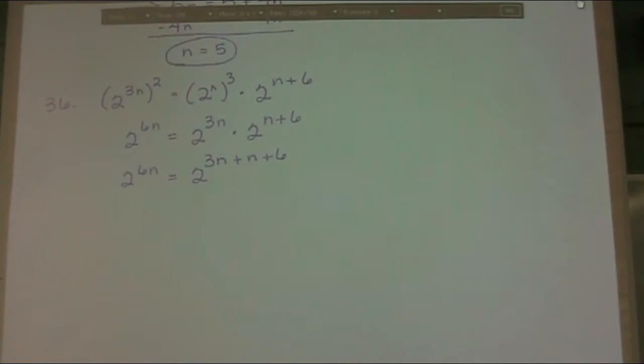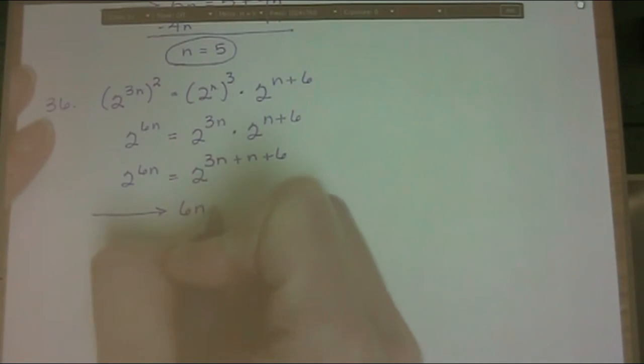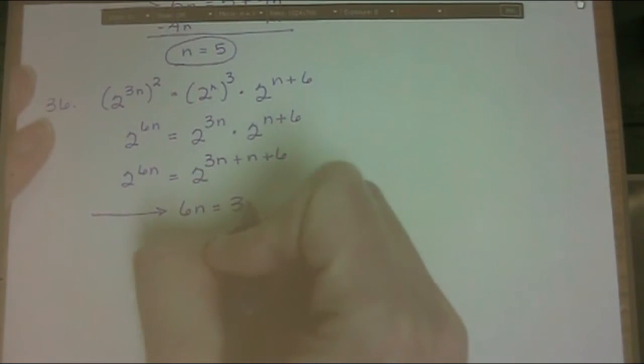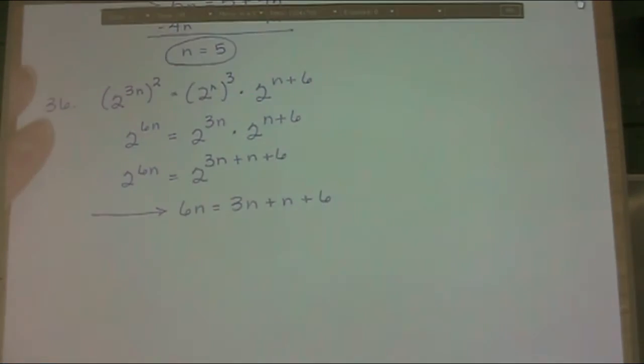So now I know that since I have the same base on both sides, those two exponents are equal. So that gives me a new equation so I can solve for n. So I know 6n equals 3n plus n plus 6.